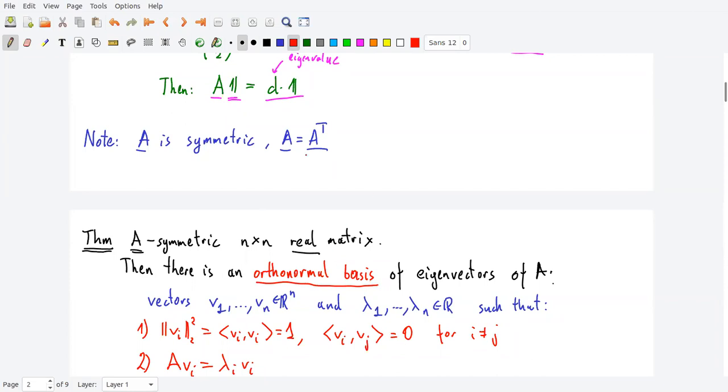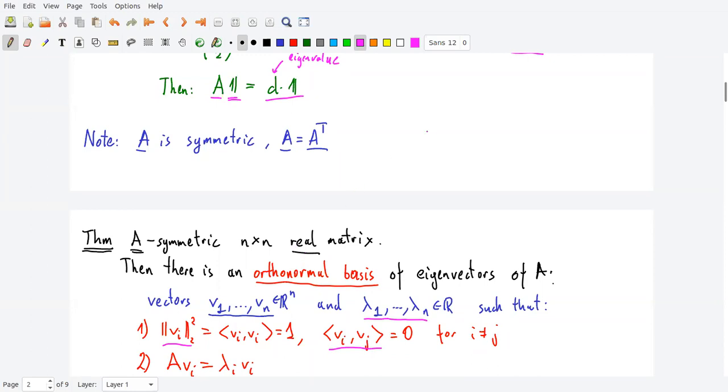More precisely, you can find some vectors v1 through vn and the corresponding eigenvalues lambda 1 through lambda n, such that these vectors form an orthonormal basis of the space R to the n. Each of them has length 1, so L2 norm equal to 1, and they are pairwise orthogonal, so their pairwise scalar products are equal to 0.